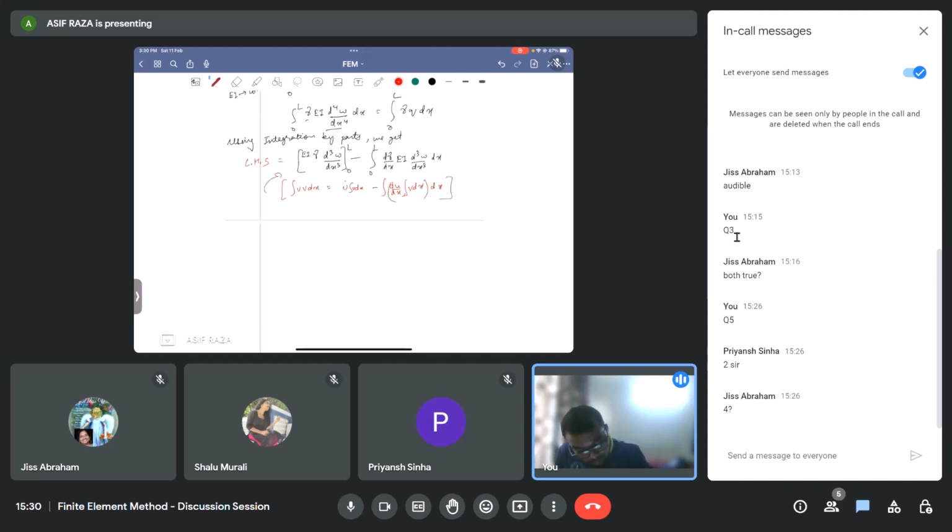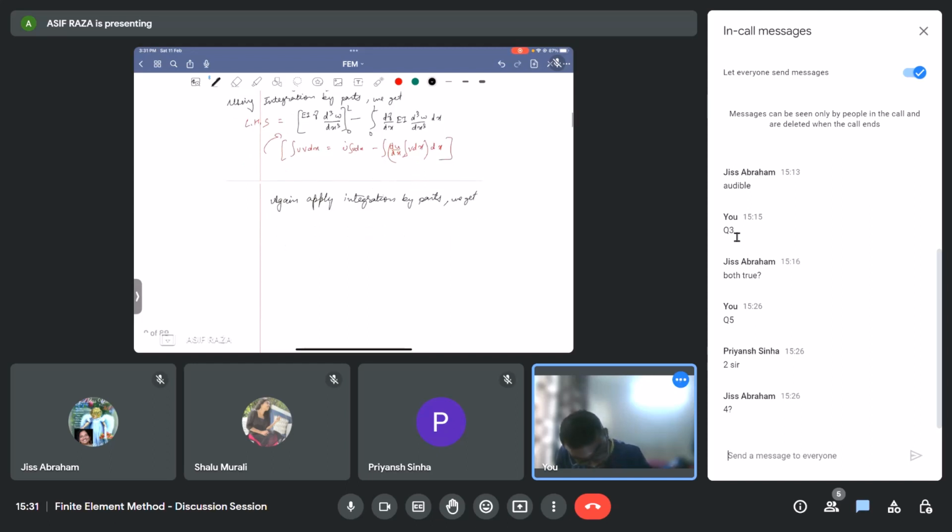Now we again apply integration by parts. We get what? LHS is, this term will remain same, EI gamma d cube w by dx cube from 0 to L, minus, so integration by parts.